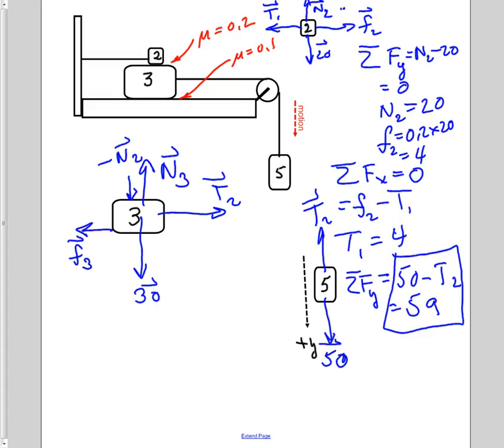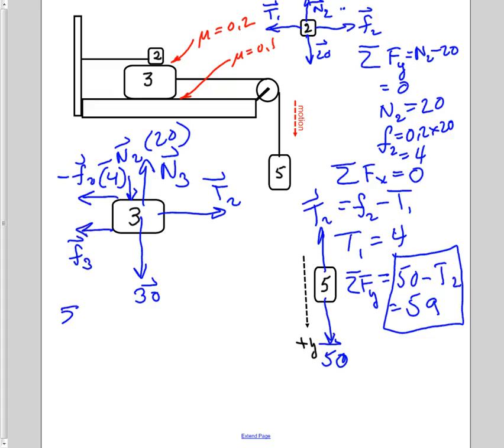And I'll remind you that N2 we know to be 20. And similarly, there will be a force minus F2, where F2 we found to be 4 newtons. So the frictional force that the 3 exerts on the 2 is equal to the negative of the frictional force that the 2 exerts on the 3.